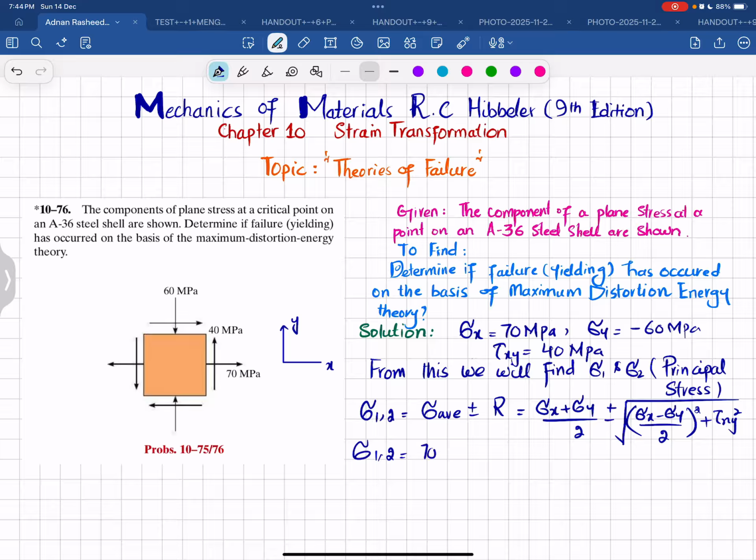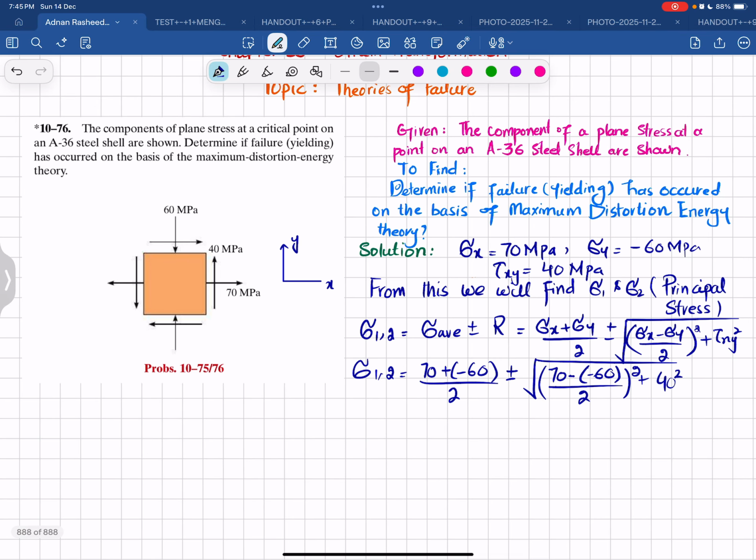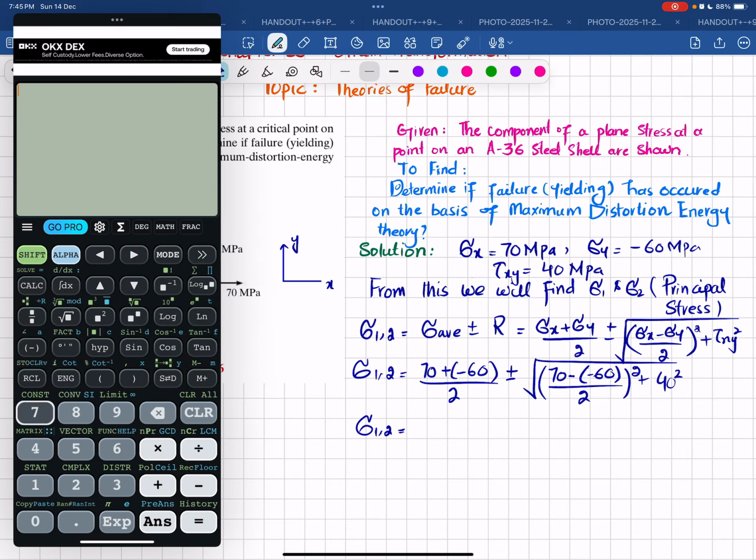Now we will put the values over here. Sigma x is 70, plus minus 60, divided by 2, plus minus the square root of 70 minus 60 divided by 2 whole square plus tau xy, which is 40 square. So we can write sigma 1, 2 is equal to, I have a calculator, 70 minus 60 divided by 2. 70 minus 60 is 10, so 10 divided by 2 is 5.